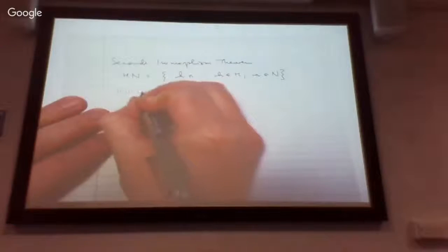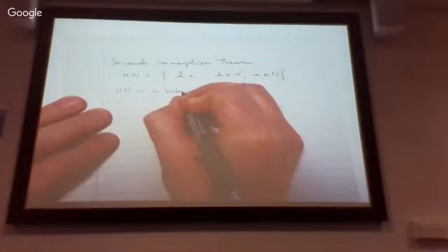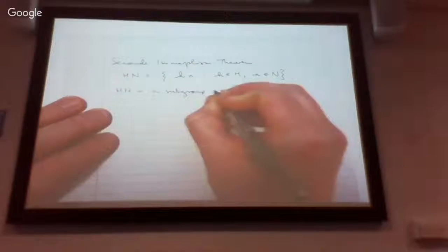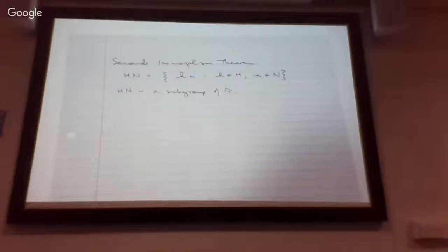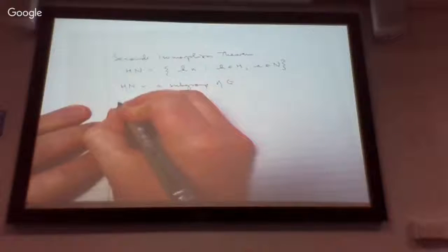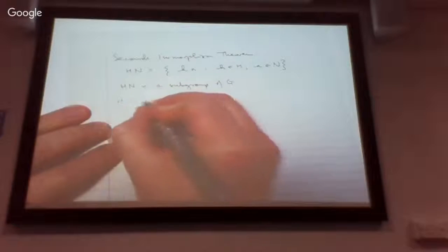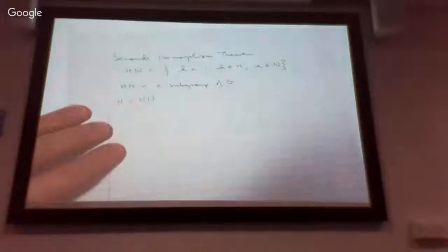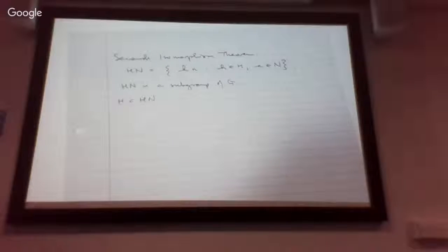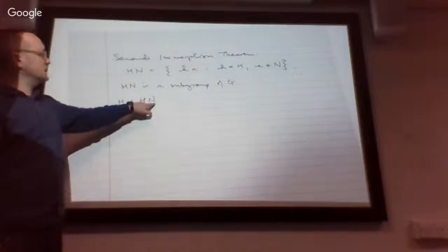So what you establish in the second isomorphism theorem is that HN is a subgroup of G. And in fact, also to note about it is that H is contained in HN. So how do you know that H is contained in HN?